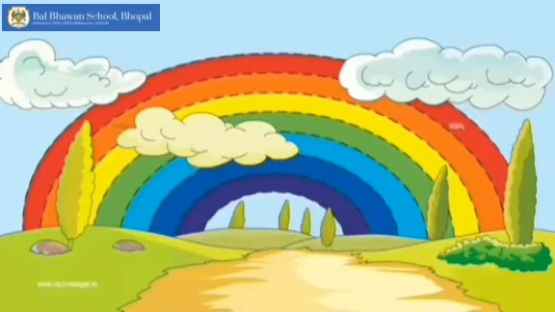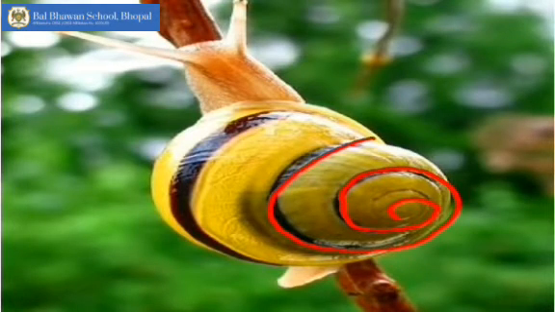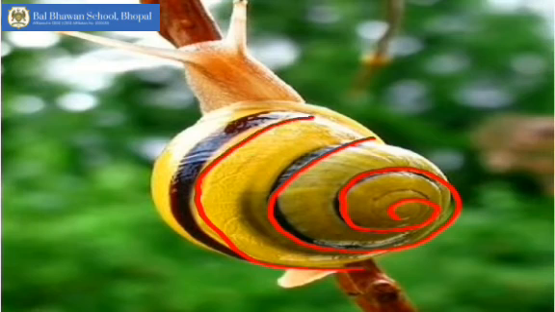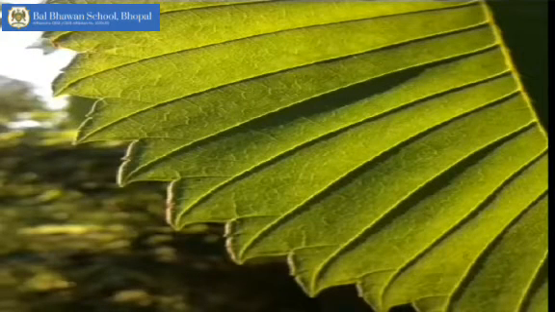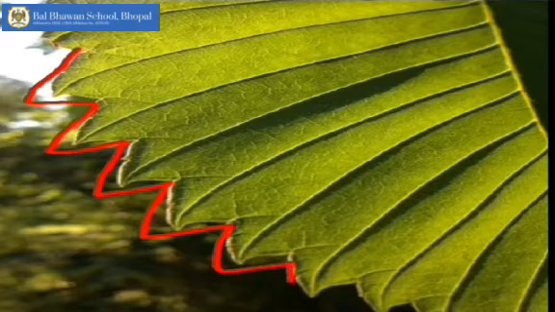Children, as you can see here, the rainbow and the clouds in the sky show the pattern of curved lines. Another example of curved line. Children, as you can observe here, the edge of the leaf shows a very beautiful example of zigzag line.